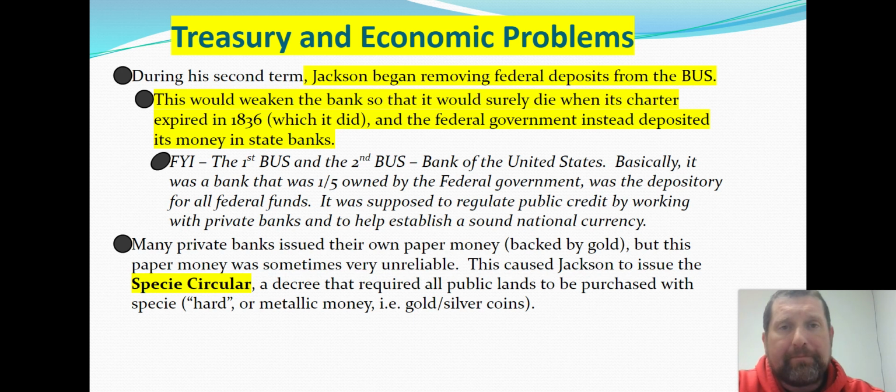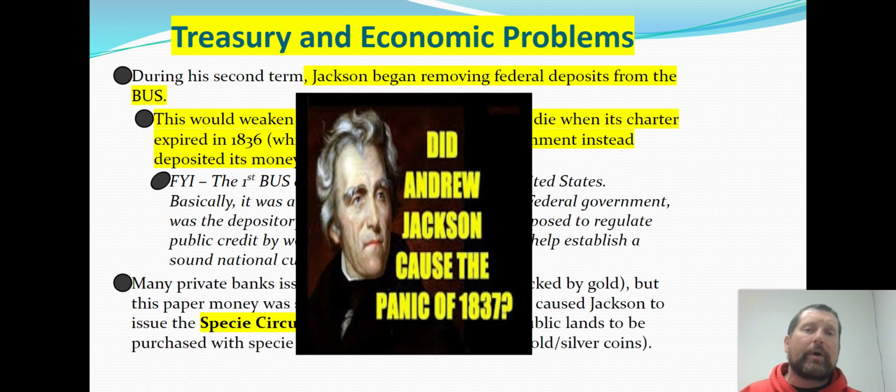And what eventually this is going to lead to, because all this takes place right towards the latter half of Jackson's second term in office, which is going to expire in 1836, is what we're going to come to know as the Panic of 1837.